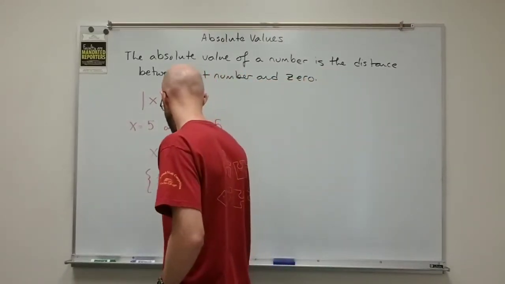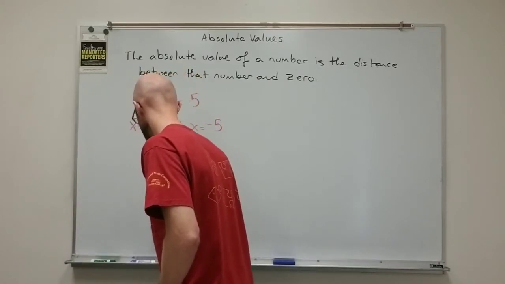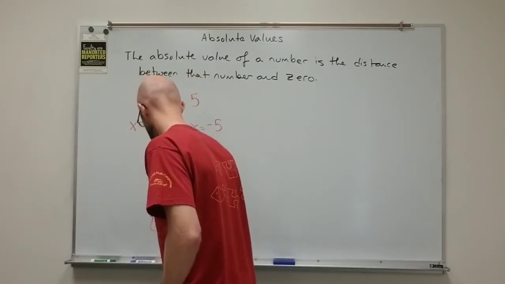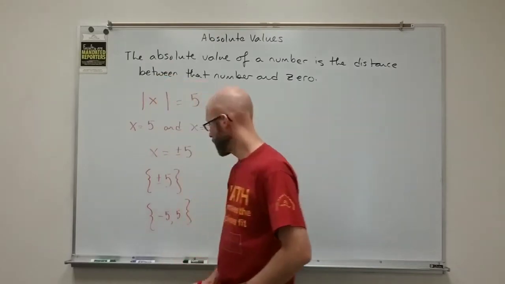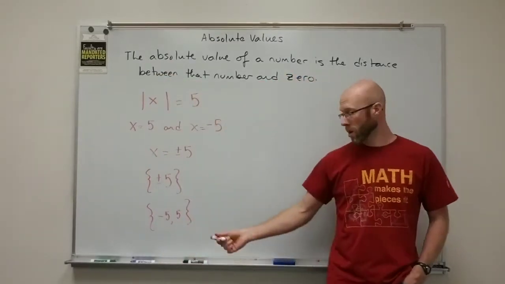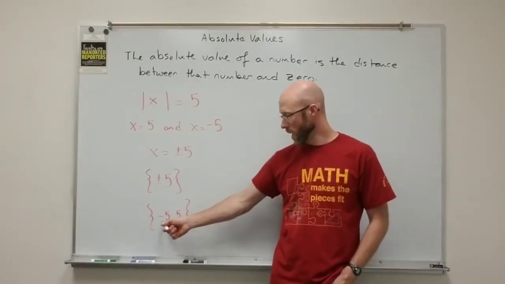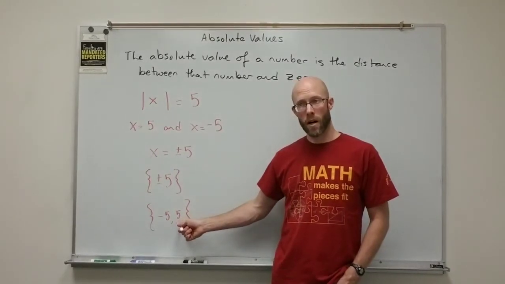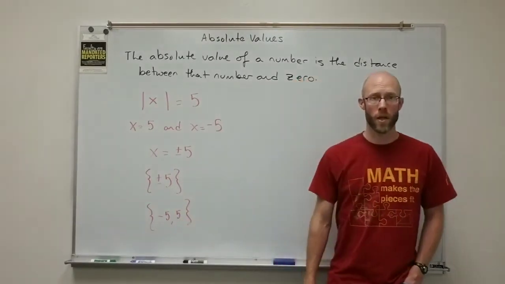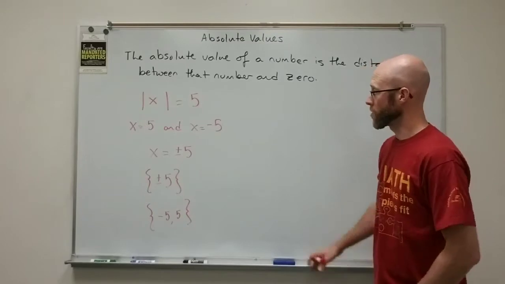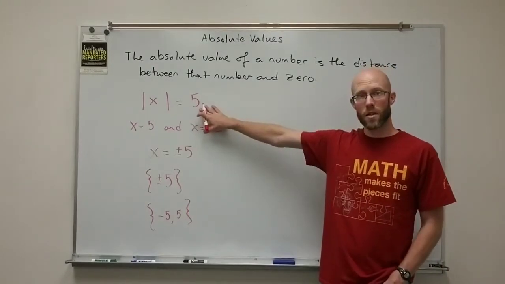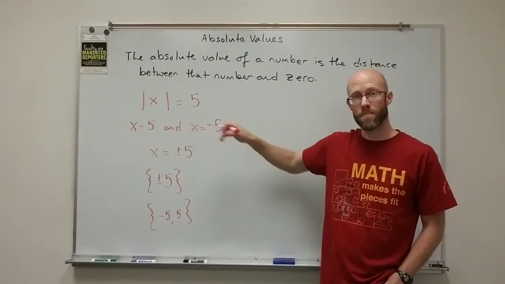It doesn't really matter. To me, you could do -5, comma 5. I believe on your My Math Lab homework, it's going to want the comma separated answer like this on the bottom, okay? Okay, so that's just a simple way to represent an absolute value equation.